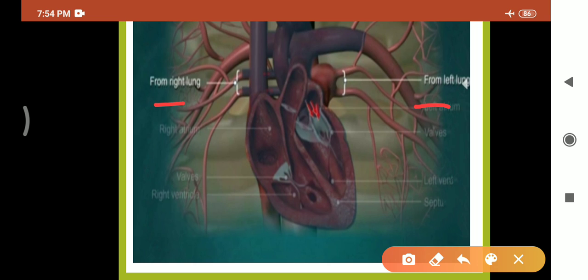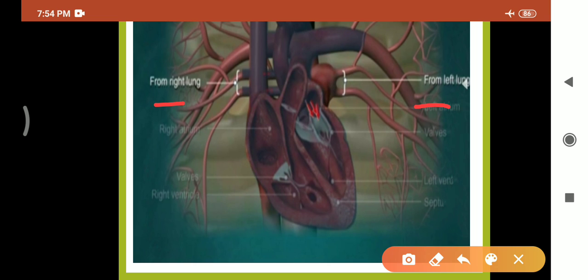You know we have two lungs in our human body, right lung and left lung. So here you can see oxygen-rich blood comes from the left side of the heart.